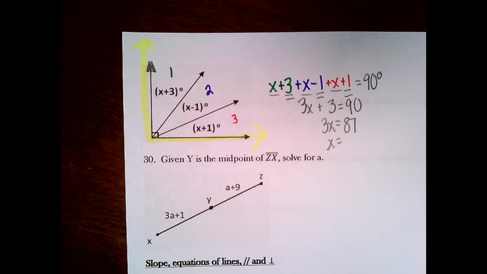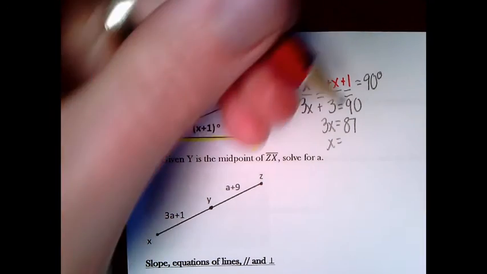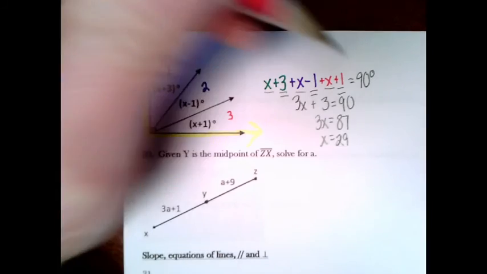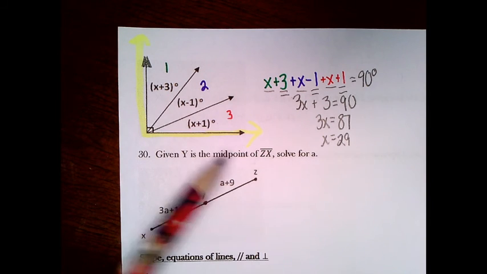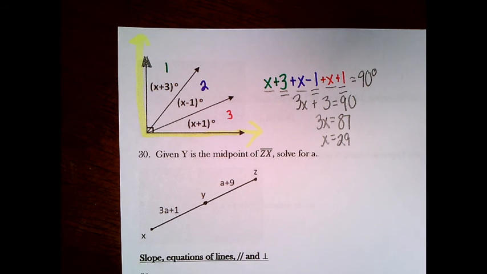Divide by 3, 87 divided by 3, 29. And this question just says solve for x. Now, it might ask you to solve for an angle. You would just take that and plug it in to whichever one you needed.